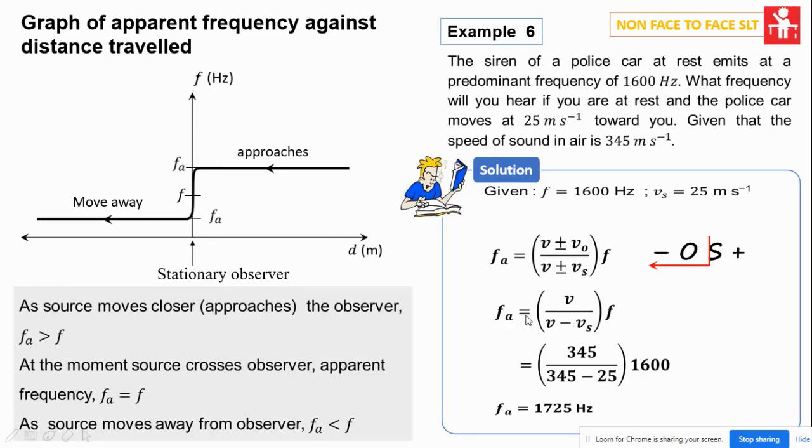So we have fa = v/(v - vs) multiplied with the actual frequency. We substitute the speed of sound 345, the source speed 25, and multiply with the frequency 1600 to get fa = 1725 Hz.